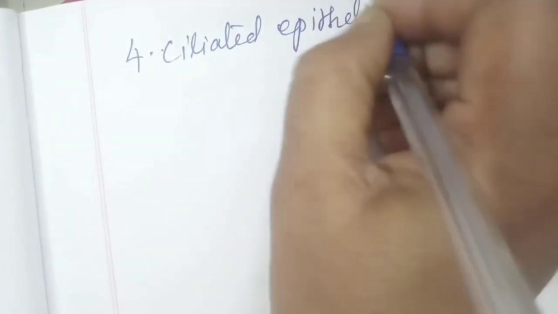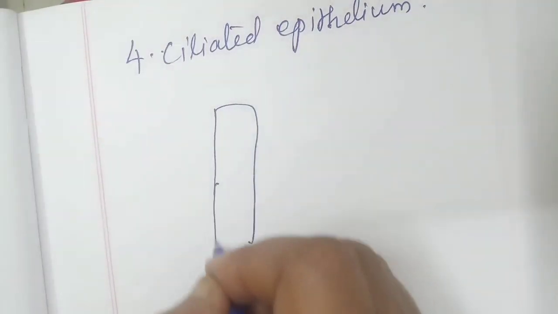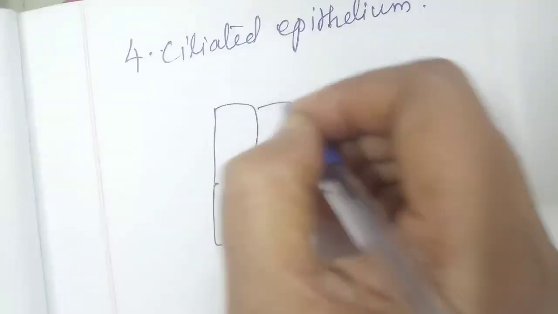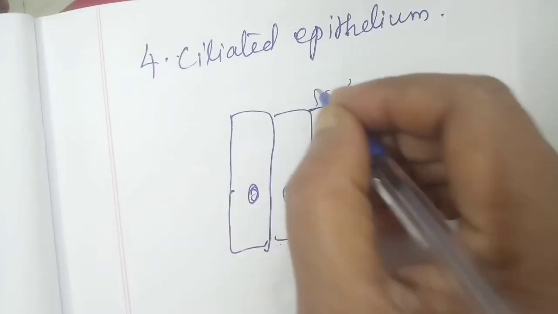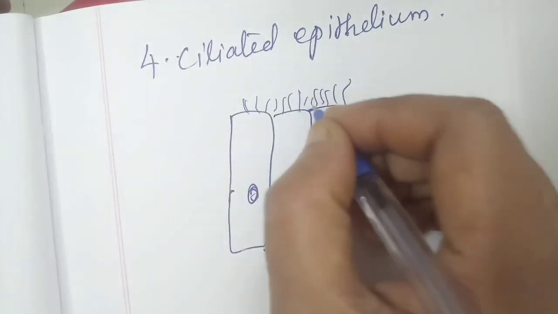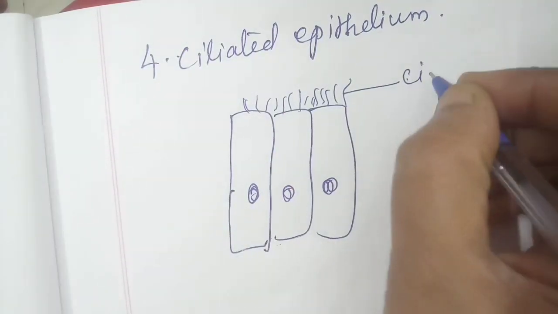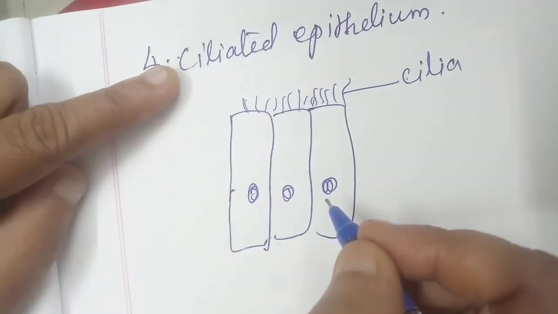Fourth type is ciliated epithelium. In the columnar epithelium, if the cilia are present here like this, small structures which are present here, cilia, if it is present, this is called ciliated epithelium.